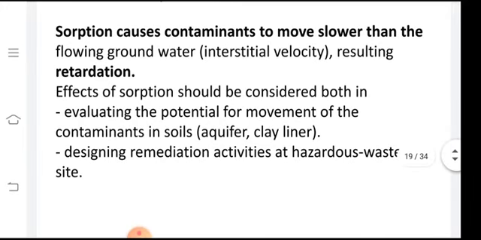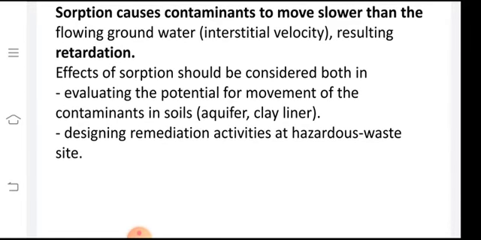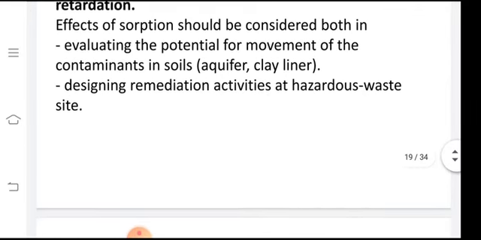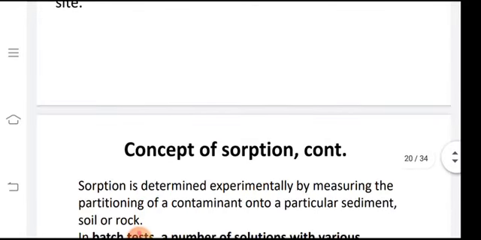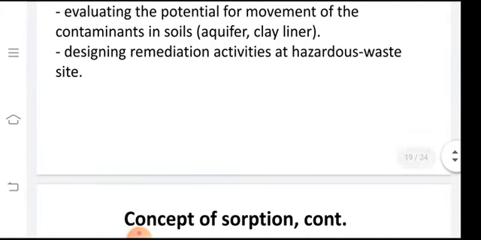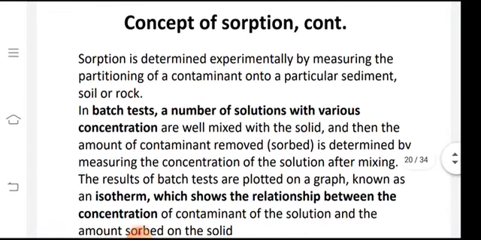Sorption causes contaminants to move slower, so the retardation factor is there. Effects of sorption should be considered both in evaluating the potential for movement of the contaminants in soil and also in designing remediation activities at hazardous waste sites.